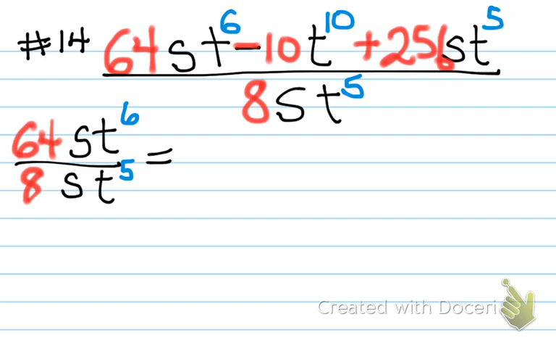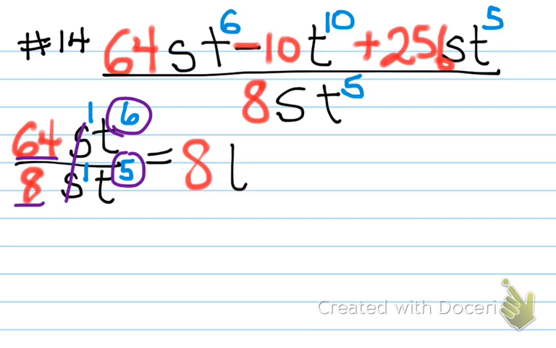We're going to divide 64 by 8 and get 8. And then what we do is we subtract the powers on the variables that are the same. 1 take away 1 is 0. So that means there's no more s's. They cross out. And then 6 subtract 5 is 1.